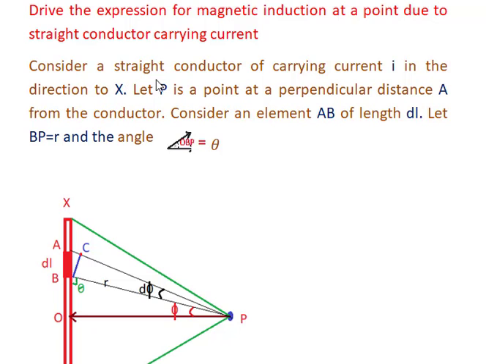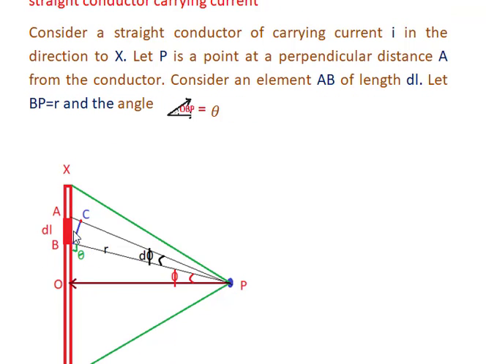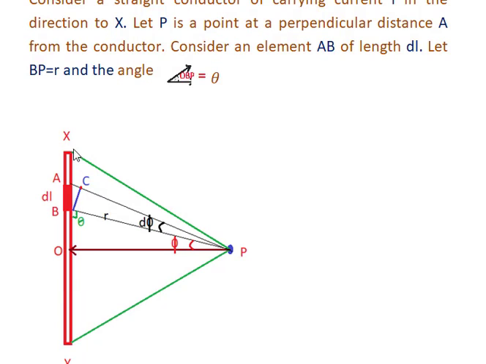Consider a straight conductor carrying current I. Current I is passed through this conductor, represented by X and Y. It is a part of the wire. The current I is passing through the conductor XY in this direction.